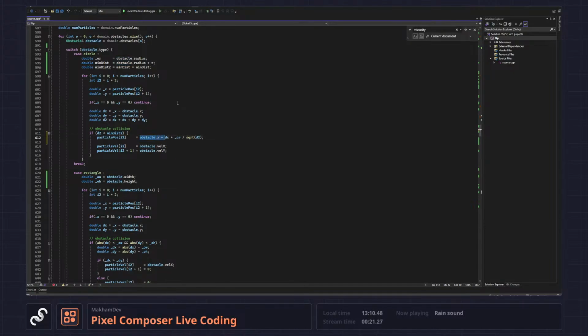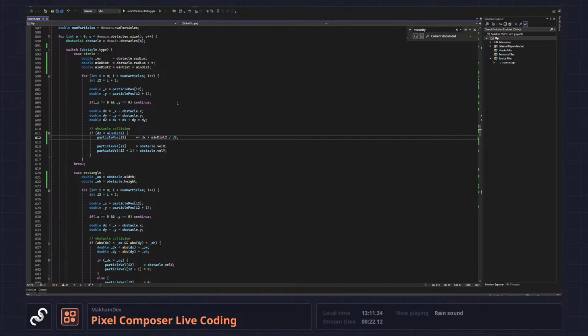Actually no, it has to be plus equal or minus equal the current position and the obstacle position, so it has to be plus equal dx multiplied by two over this, right? No, it has to multiply by minimum distance divided by distance, right?